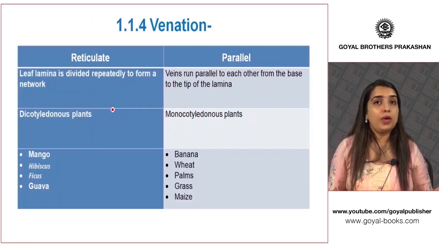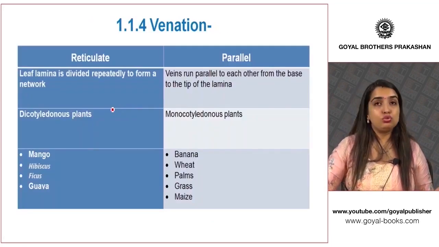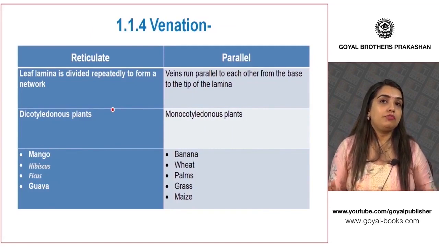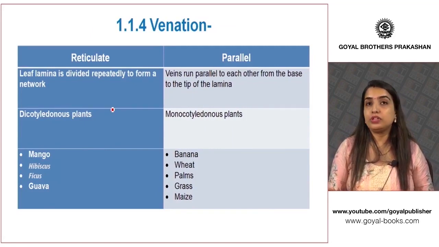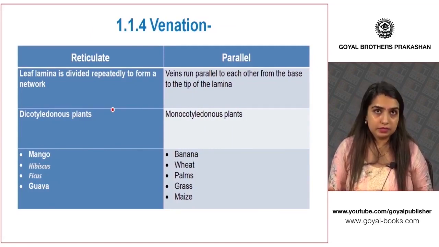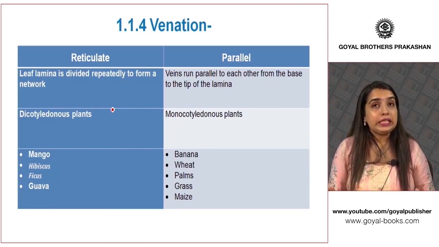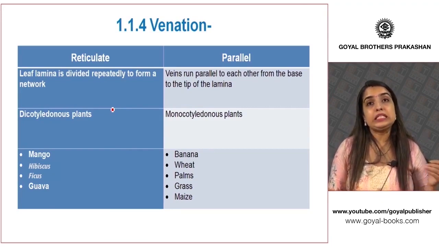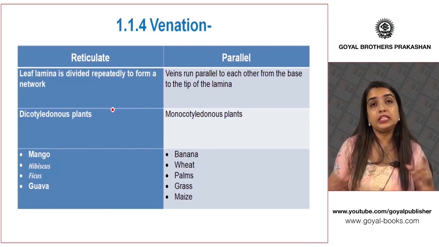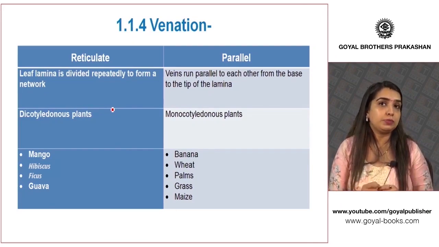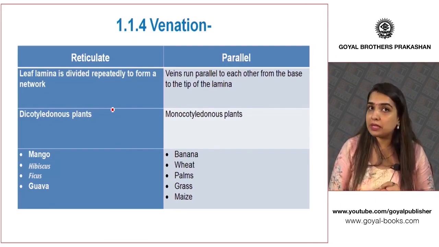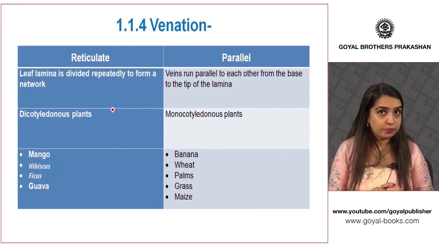Now under this as well, we have two kinds of venation. We talk about reticulate and parallel. Reticulate, here the lamina is repeatedly divided in such a manner that it seems to form a network, just the way I depicted in the picture that I showed.